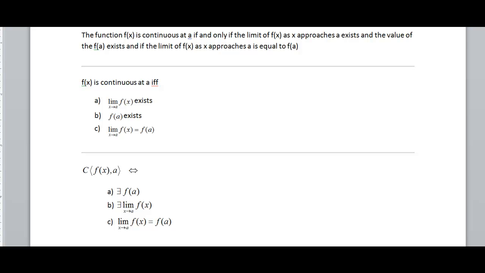And then the bottom one is full symbol mode, which asserts continuity of f of x at a, if and only if, that is, we're going to define here the meaning of these symbols in terms of what continuity at a point means, and it's 1, the value of the function exists at a, the limit of the function exists at a, and the two match. That's the statement of continuity.